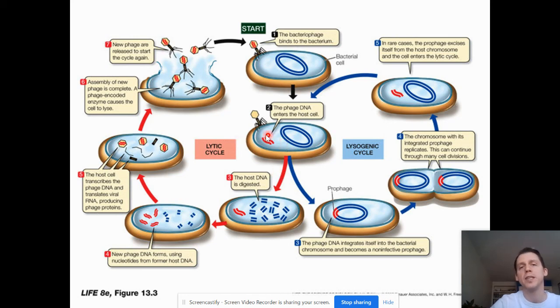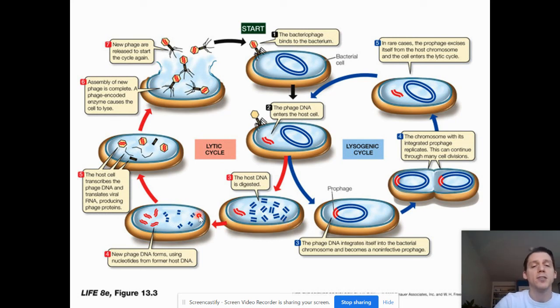So what happens when the DNA comes out? Basically, this DNA is then going to be expressed, right? This DNA is going to be transcribed and translated, and proteins are going to be made, and those proteins are going to cut up the host cell DNA. So the host cell is done at this point.